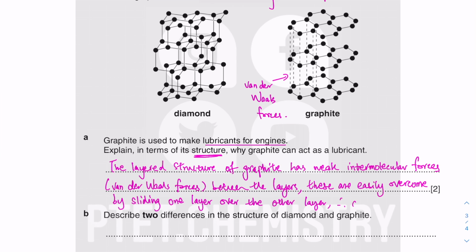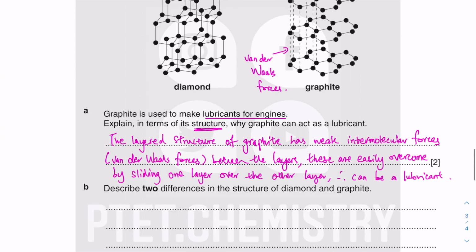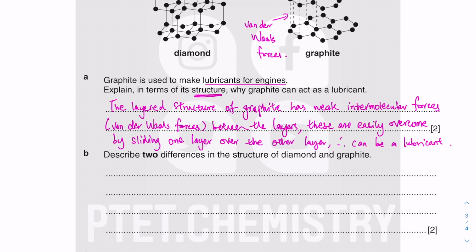Therefore, it can be a lubricant, or therefore has lubricating properties. Okay, so you need to talk about the layer structure and the weak intermolecular forces. You also need to talk about overcoming these van der Waals forces when you slide one layer over the other. That's the whole point of this layered structure.